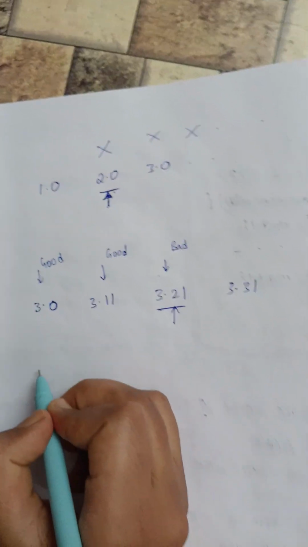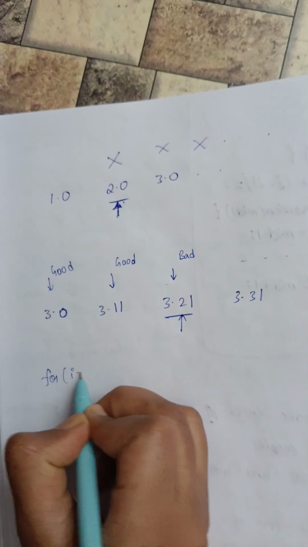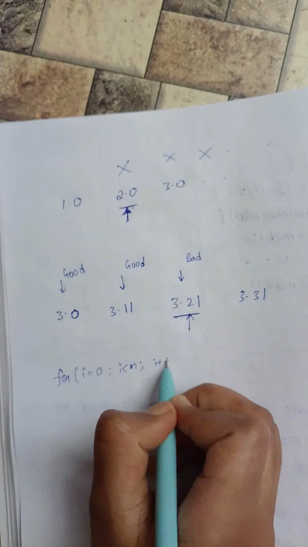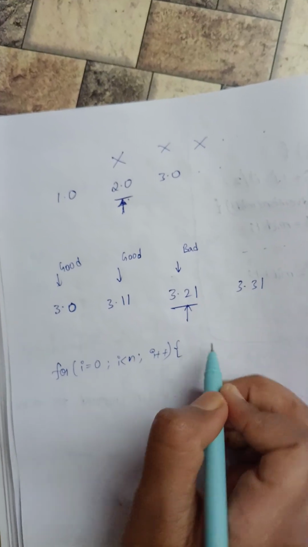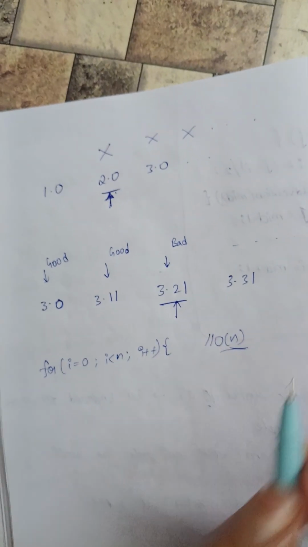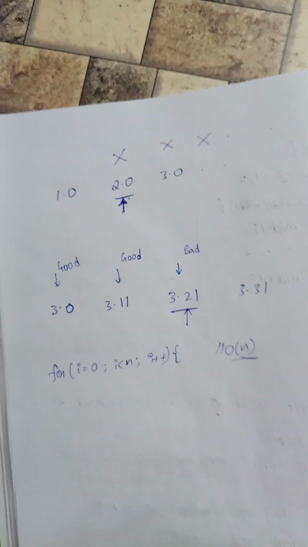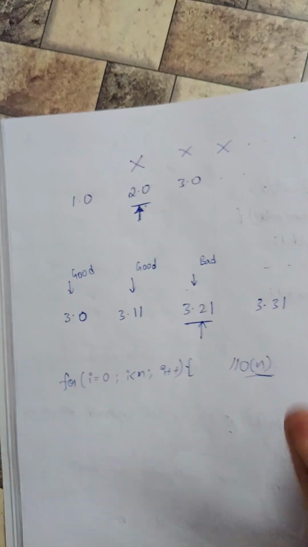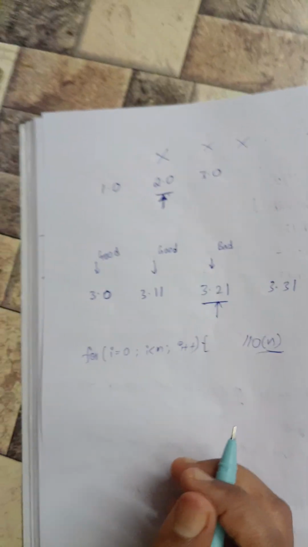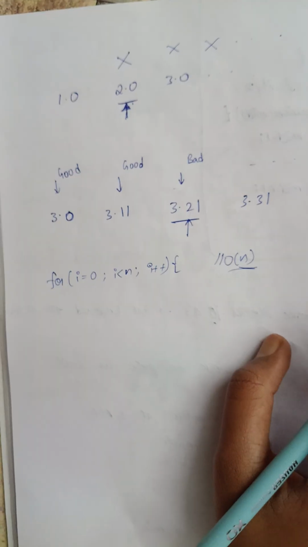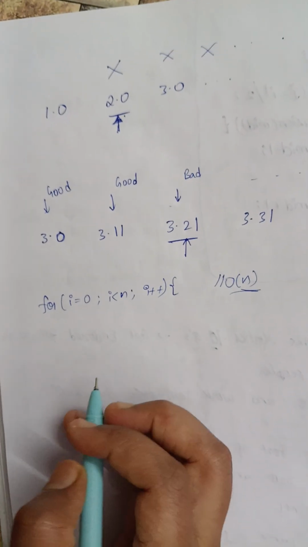How can we find it? We can write a for loop, I equals 0, I less than n, I plus plus, something like linear search. But we don't do that because it has O(n) time complexity. They want us to do it with the minimum number of calls to the function. We have already learned the concept of binary search, so we'll try to implement this.